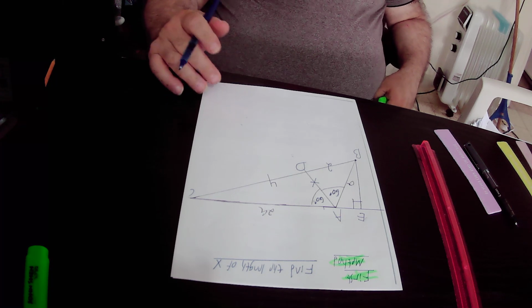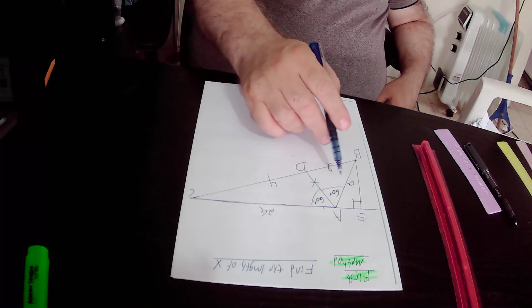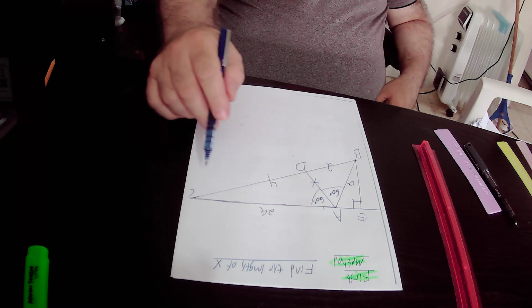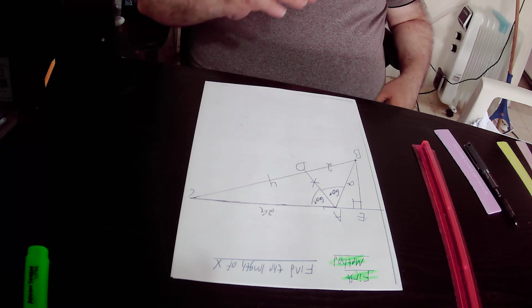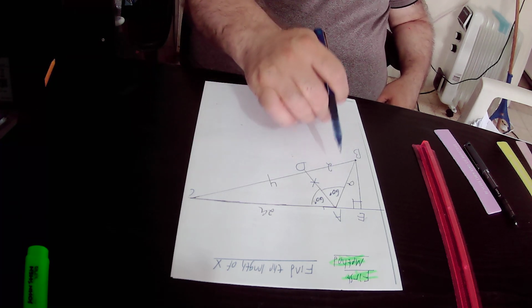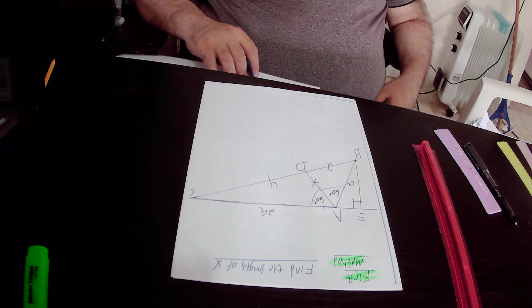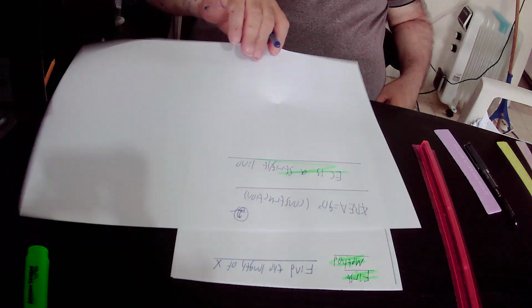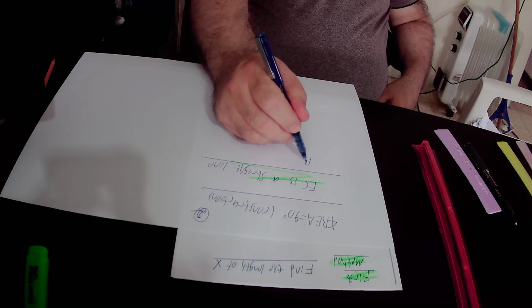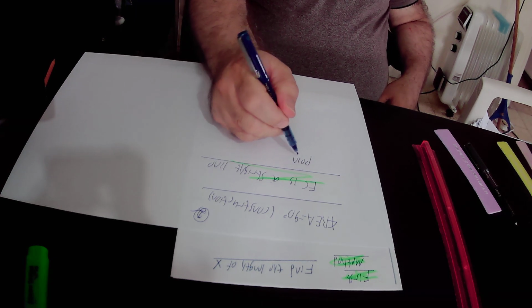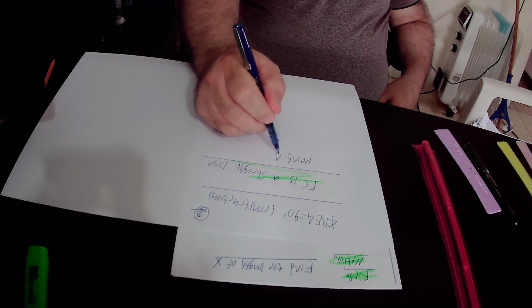So here, if we focus on the lower side of the straight line EC at point A, then the sum of the angles there must be equal to 180 degrees. Which angles do we have on the lower side of the straight line EC at point A?